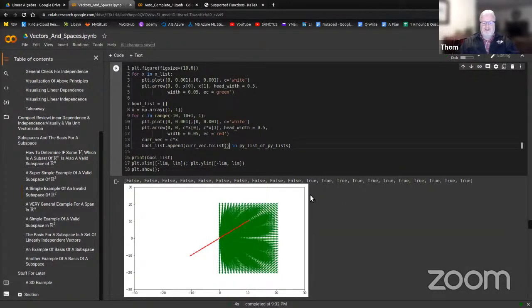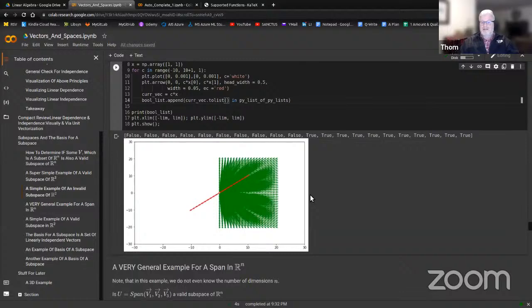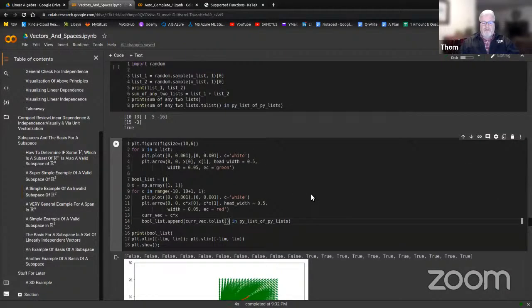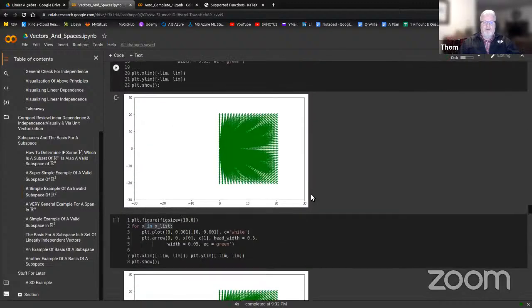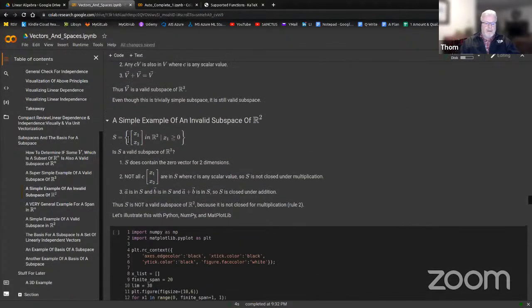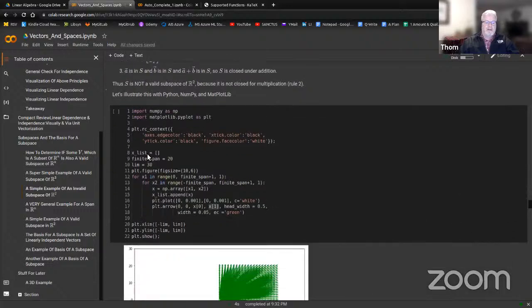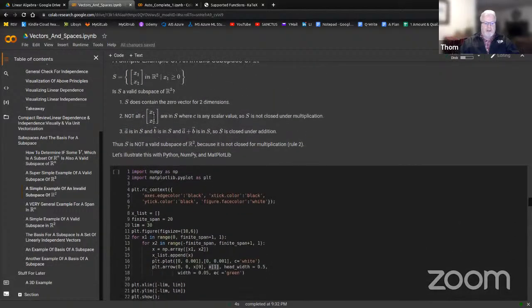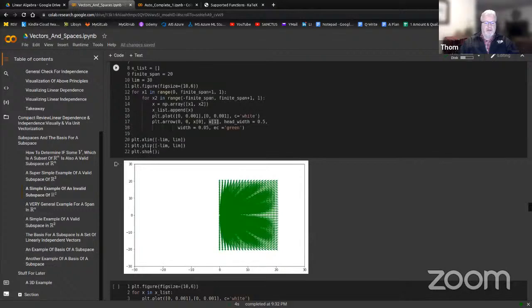And so this is just a quick mathematical visual test to see that, hey, if we scroll back up here to where we originally asked, in this set of vectors where all x1s have to be greater than or equal to 0 and x2 can be any number in real space, can that be a valid subspace of two-dimensional real numbers? It cannot be, because it doesn't hold for the multiplication rule. It's not closed under multiplication.